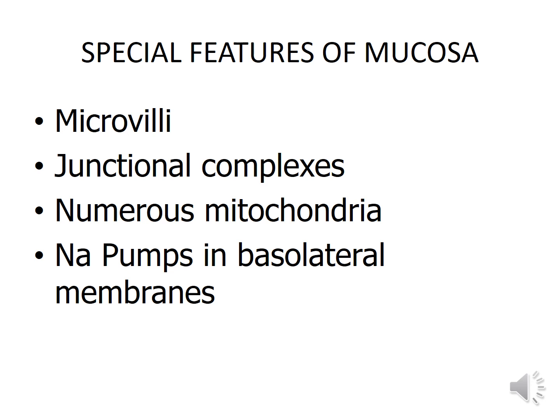There are numerous mitochondria because ion transportation is occurring here, and that needs energy. The lateral walls of adjacent cells also show interdigitations, and the basolateral plasma membrane of these cells lodges numerous sodium pumps.